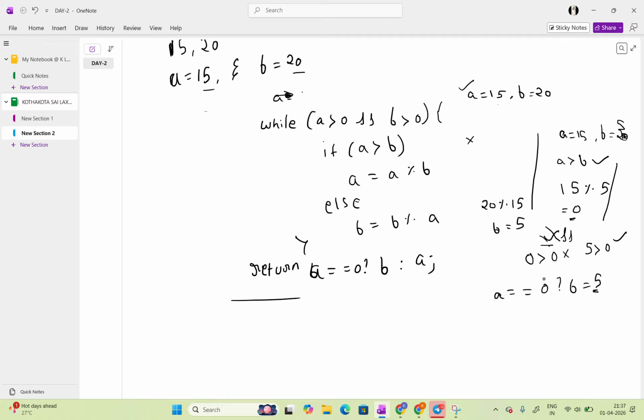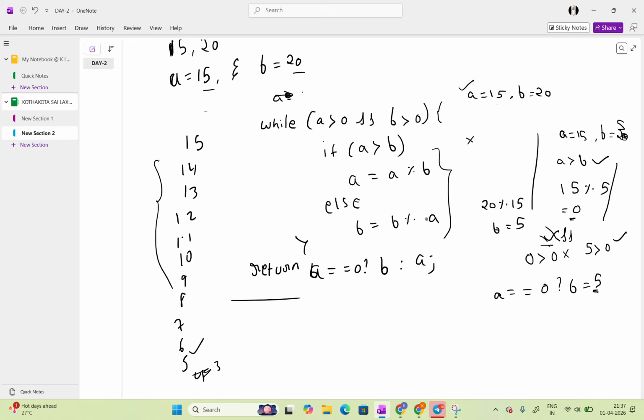Okay. So what we are doing is just applying a modulus method. We are not going through all the iterations, I'm just taking the modulus of the values. So it will take a smaller number of iterations. For example, if you are taking 15, 14, 13, 12, 11, 10, 9, 8, 7, 6, 5, how many iterations was it taking?